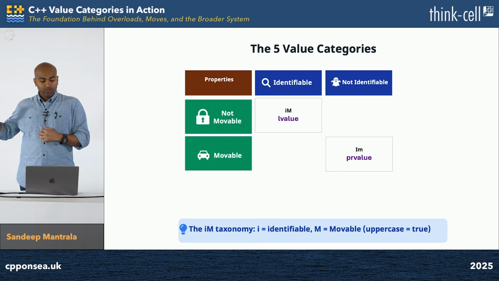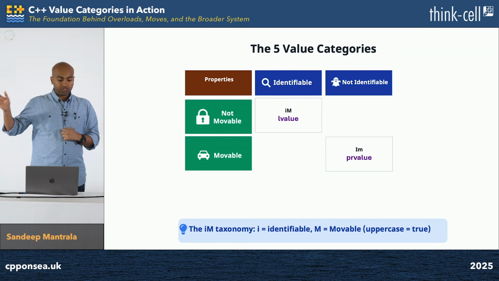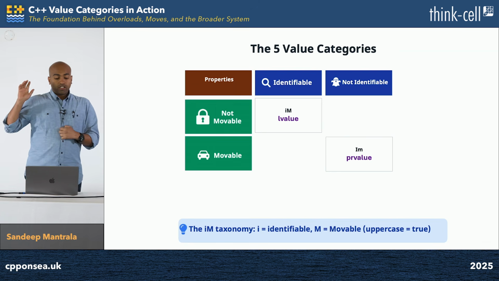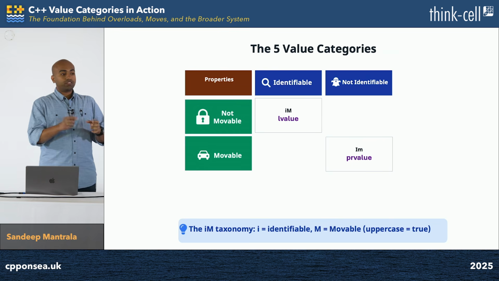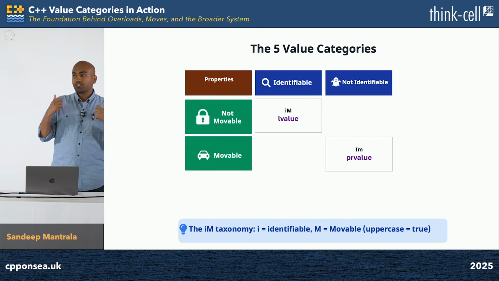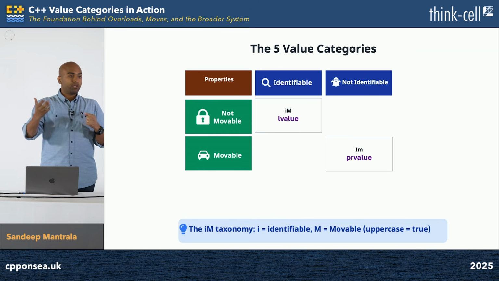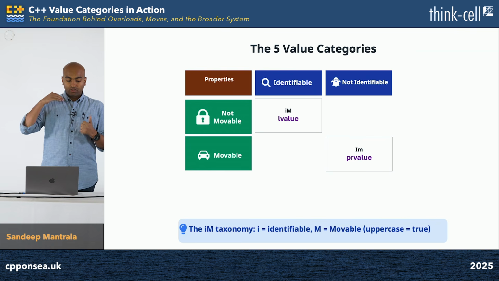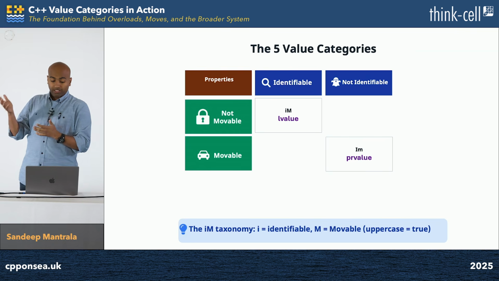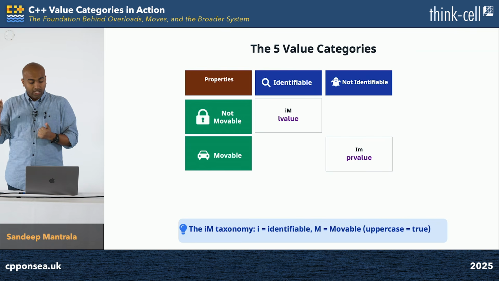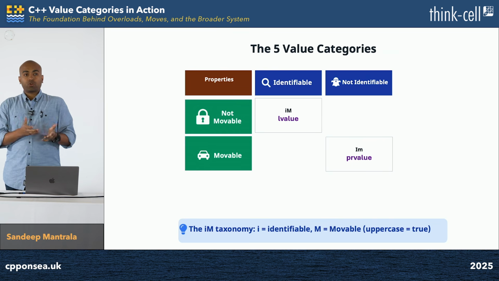So next we have a PR value. What is a PR value here? The result of the expression is not persistent in memory beyond this expression. So you cannot take the address of it. They are not identifiable, so that's why it's a capital I. But the resources can be stolen.